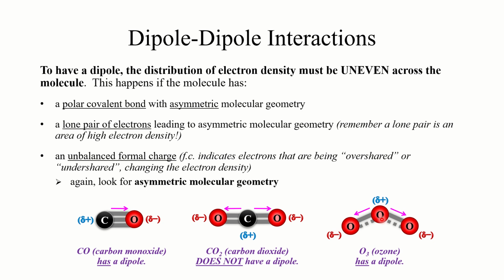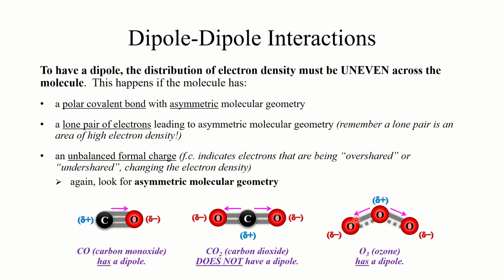Ozone, you would think this molecule would be nonpolar because it's three of the same atoms, three oxygen atoms, but it is in fact a polar molecule. It does have a dipole. The reason for this is it hits on, well actually really it hits on all three of these. We've got an asymmetric molecular geometry, so we've got a lone pair on the oxygen, right there. We've got a lone pair of electrons on this oxygen. Both of these oxygen atoms have lone pairs.